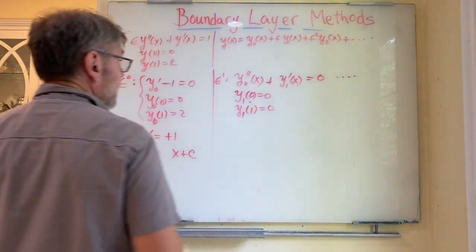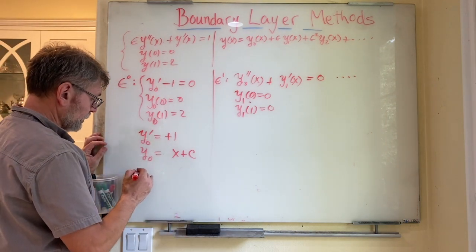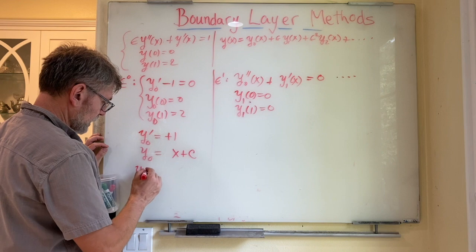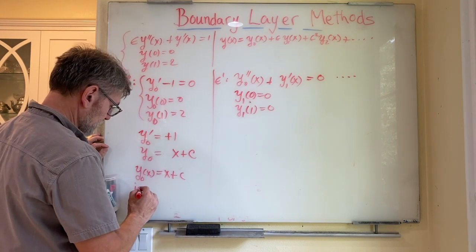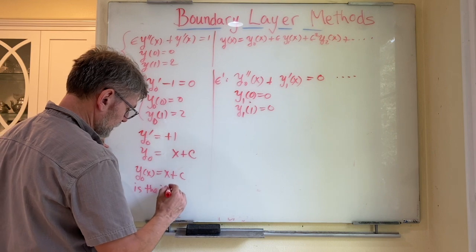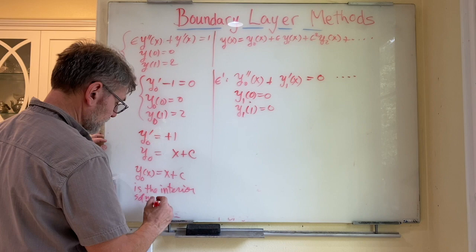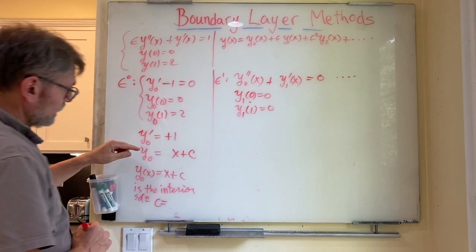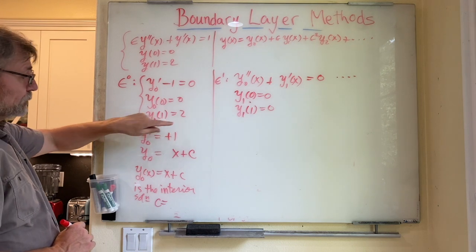Okay, so let's retain this solution here. This one is going to be called the interior solution. So y naught of x is equal to x plus c is the interior solution, which means that c, we'll use it to satisfy the boundary condition at y naught of 1 equals 2.